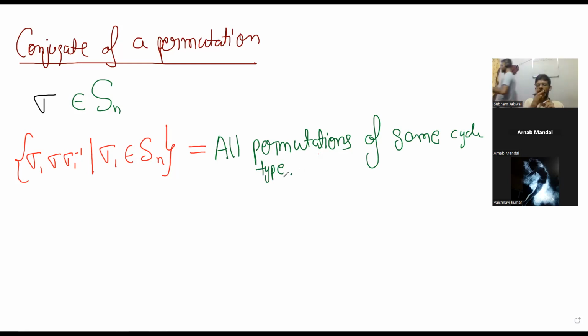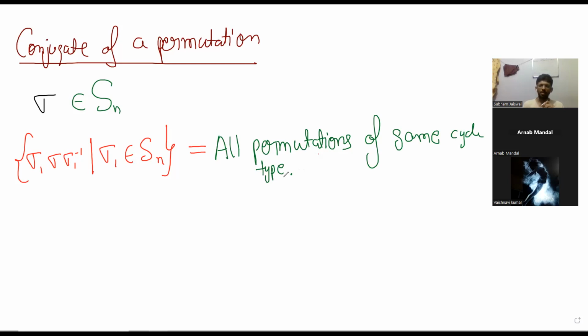Right? You get all permutations of the same cycle type. Correct? So just take a minute and see if this makes sense.